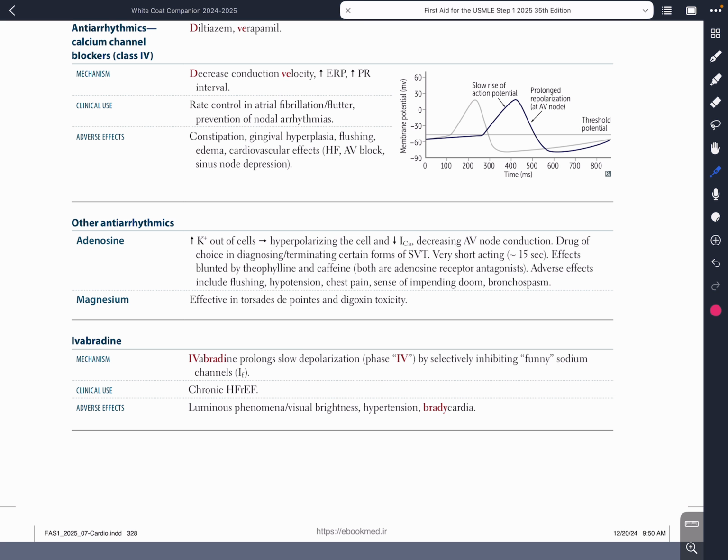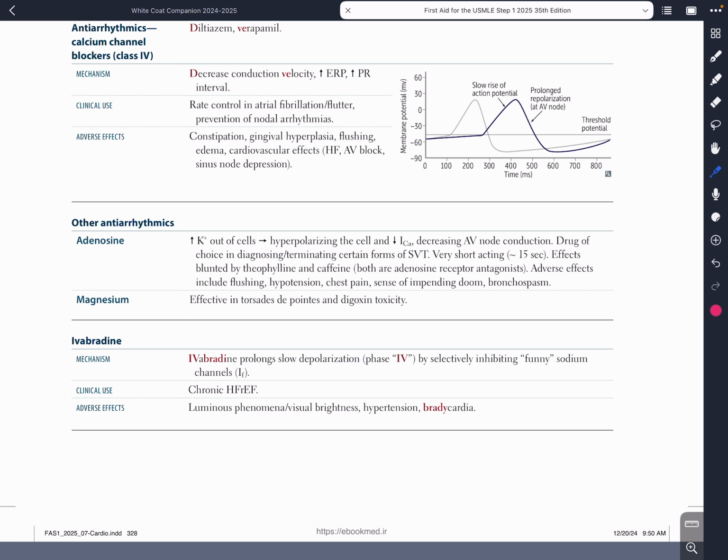They are termed funny sodium channels, because scientists did not put them in a specific class. So ivabradine prolongs phase 4 depolarization by selectively inhibiting funny sodium channels.